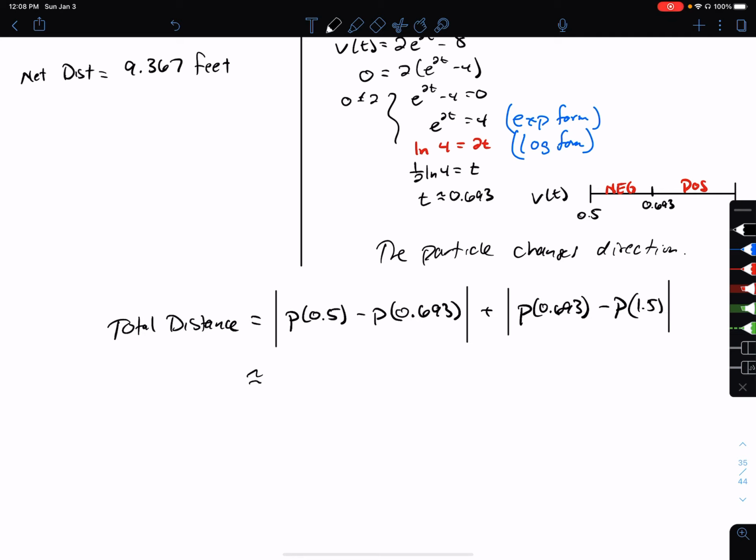The calculator should give you 9.894 feet, which is pretty similar to the net distance, and yet different.